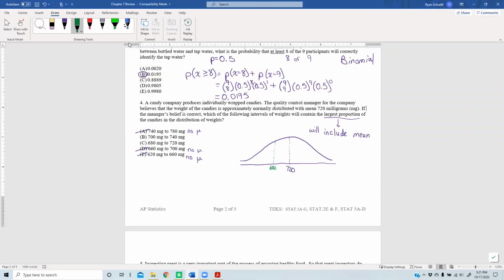So that means that distance is C. Now we're going to say 700, so split it here, to 740.